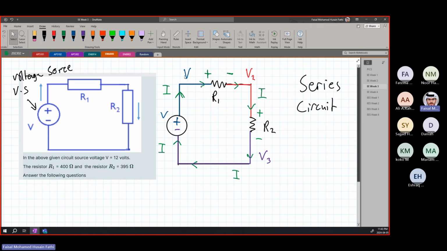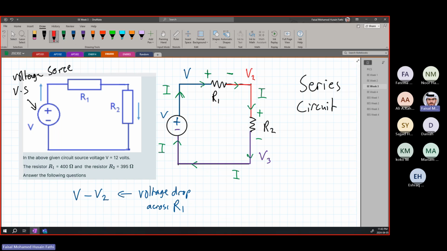The voltage is changing from one voltage to another, and it is obviously going to drop because it's being absorbed by the resistor. So the voltage drop I was talking about earlier, the voltage across R1, is V minus V2. This is what they call the voltage drop across R1. Same thing across R2, it is V2 minus V3.